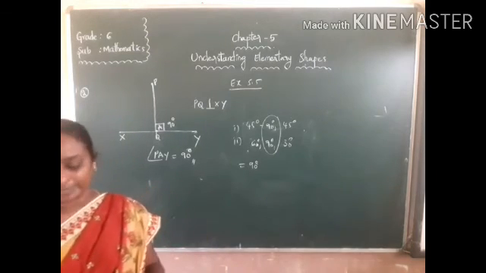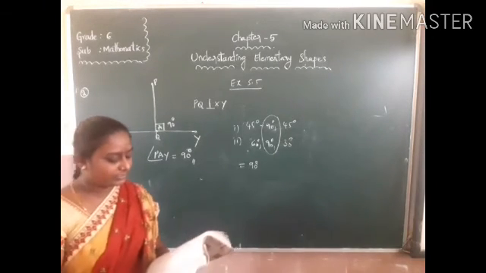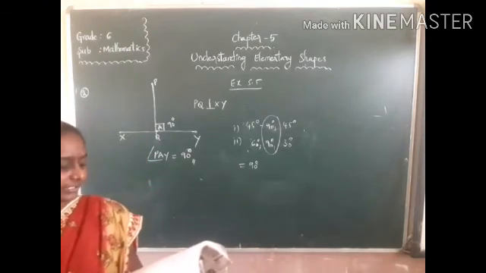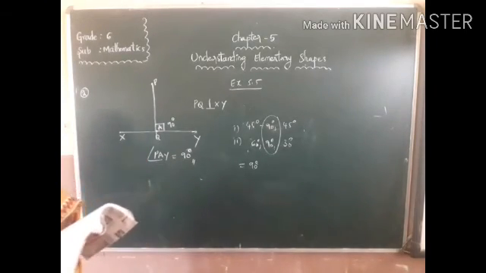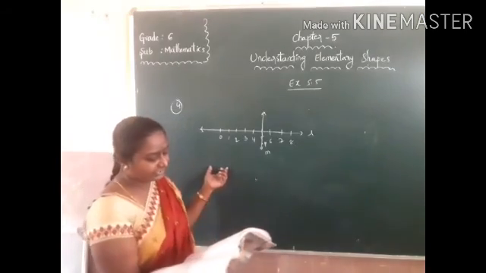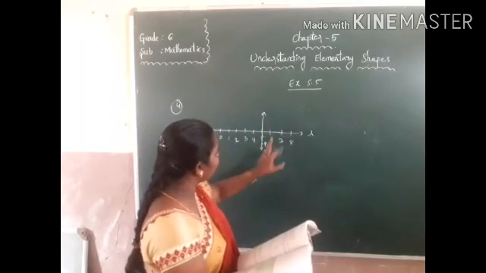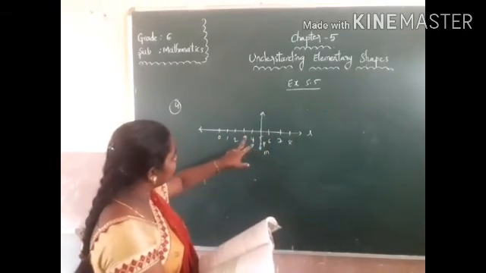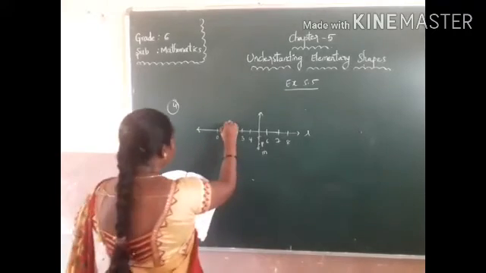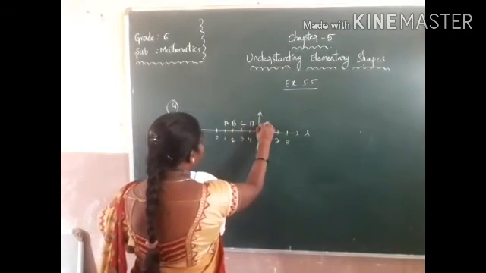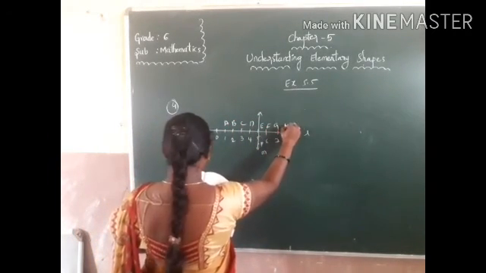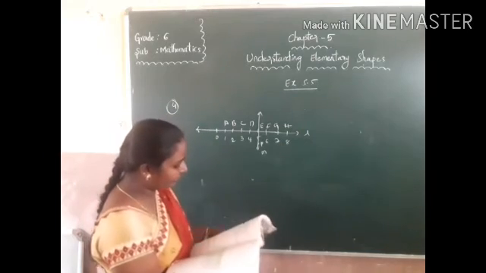The line L is perpendicular to line M. Observe this figure. Study the diagram. The line L is perpendicular to M. Is CE equal to EG? Here we have points A, B, C, D, E, F, G, H. Points are given.